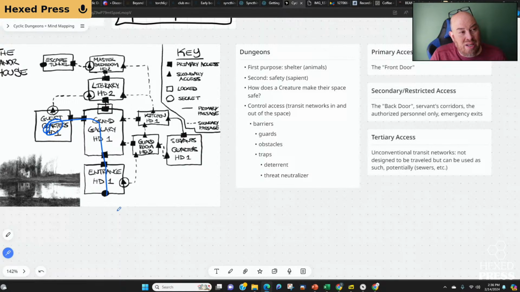Now, if you were a good friend of the owner of the manor house, maybe you get to come in here, goof around a little bit, come into their library or some other more private space, and then back out. This is the guest user flow. This is what you're architected to come in.